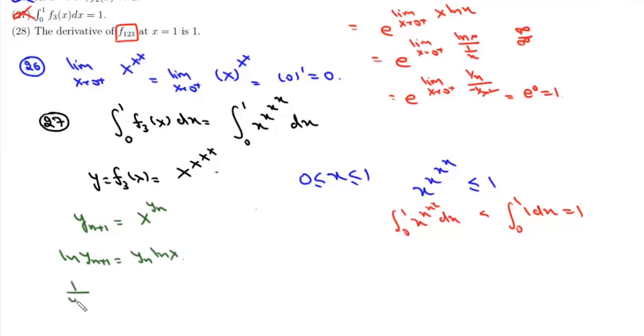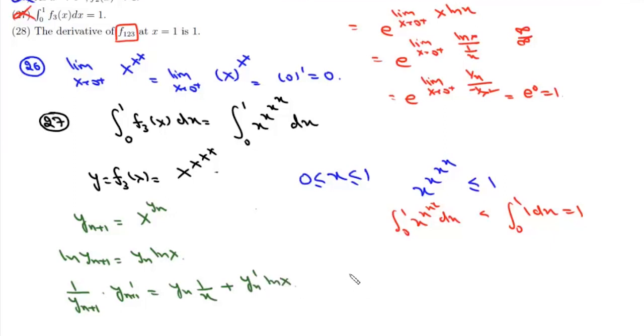Now it will be 1 upon y_{n+1} into y'_{n+1}, it will be y_n log x is 1 by x plus y'_n into log x.